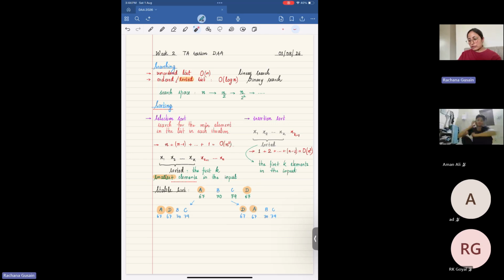It's not stable. Now, can you think of a smallest example and then run the selection sort on that example to see that it is actually not stable? Can you give a short example?